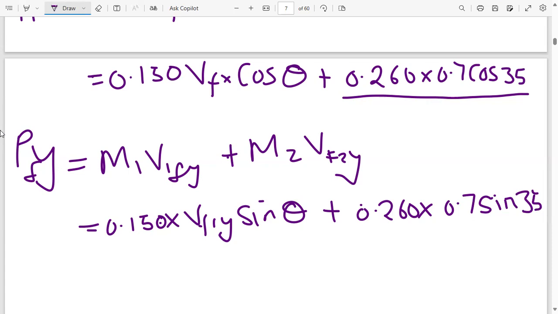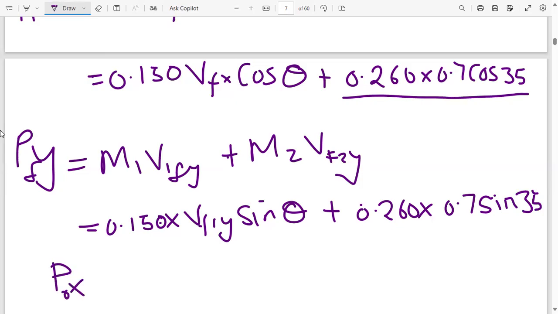Okay, so these are now the two equations that we have. Now we are going to go back to the conservation of momentum. We know that initial momentum should be equal to final momentum. So what are we going to do? We're going to say initial momentum in the x is equal to final momentum in the x.